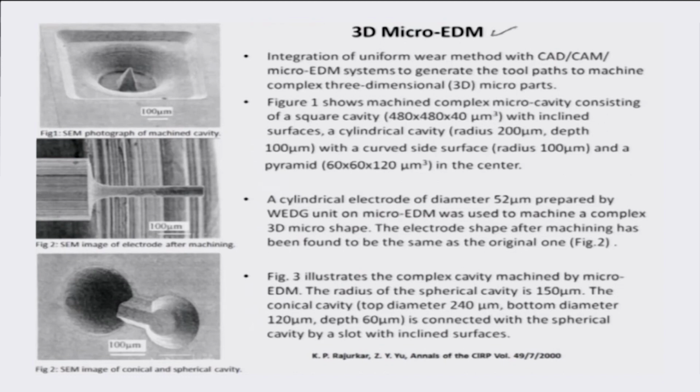One of the examples here shows a machined complex micro cavity consisting of a square cavity, about 480 microns wide and 480 microns long, with a depth of about 40 microns. There is a small pyramid at the center, and the whole machining is made by a micro EDM operation.